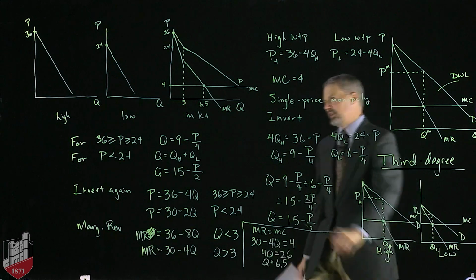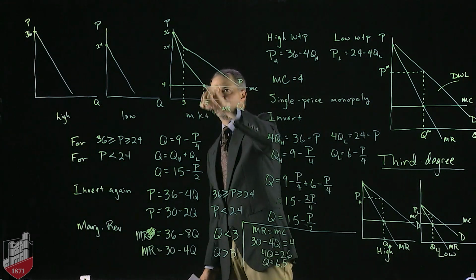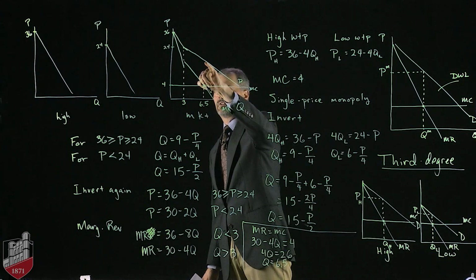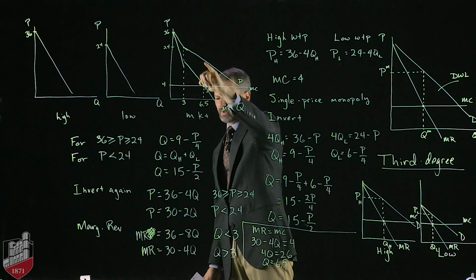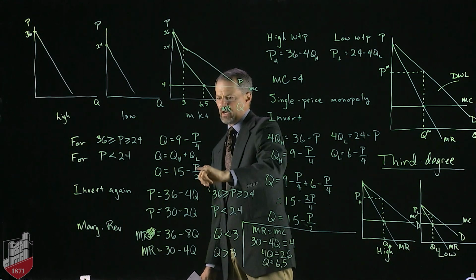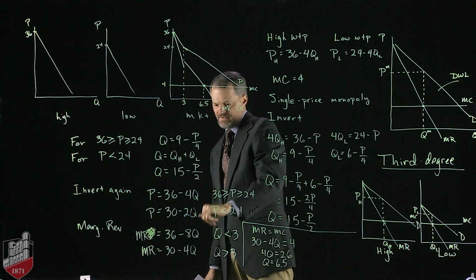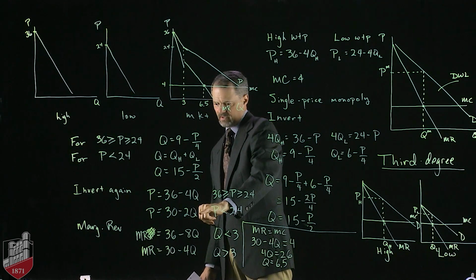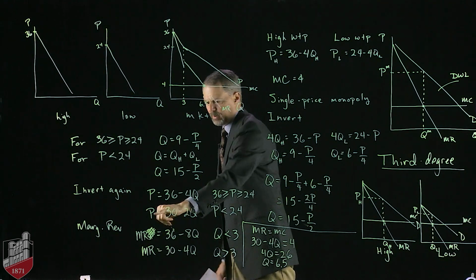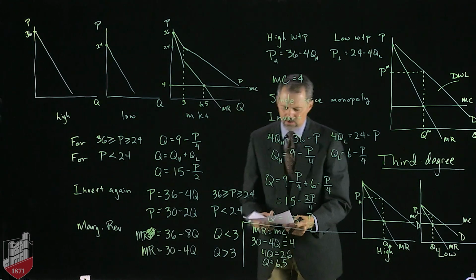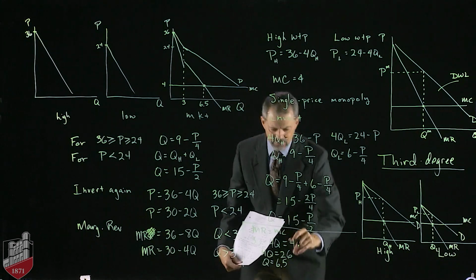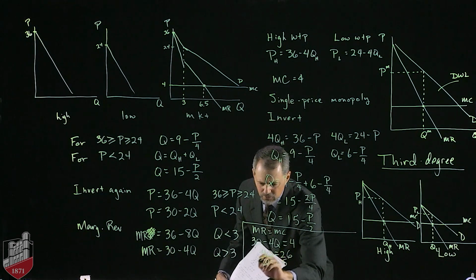Now we want the price, so we need to plug that quantity into this portion of the market demand curve, right? To get price. And so when we do that, let's circle our quantity.